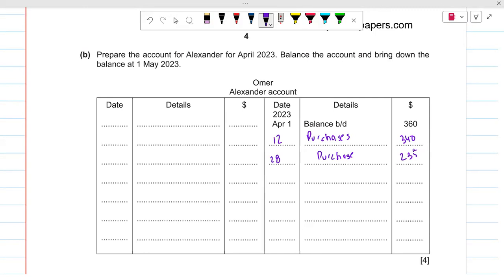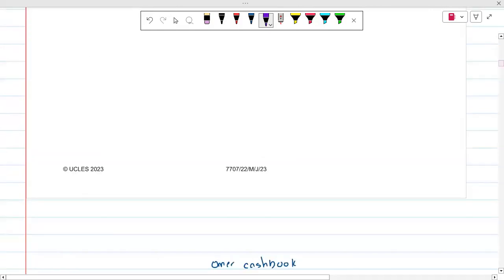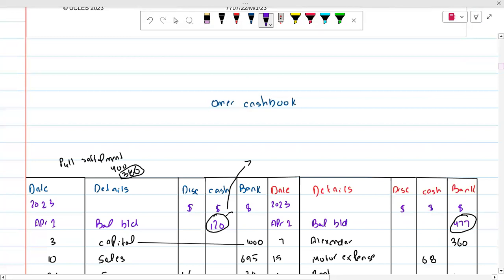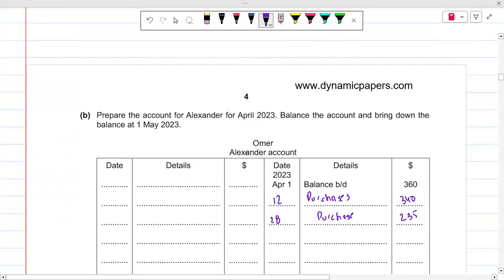We also paid some amount. Whenever we are paying the amount to the supplier, it means that our supplier is decreasing. If Alexander is our supplier and a transaction happens, if the supplier is increasing, we make the credit entry.